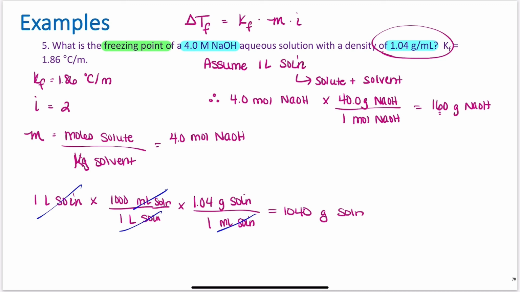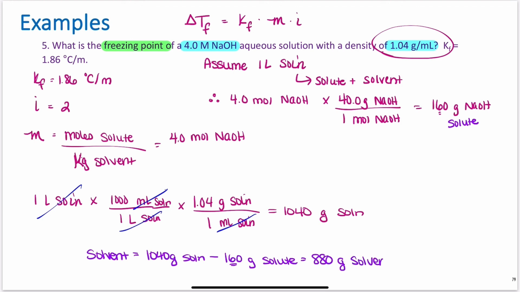I now know that my solute weighs 160 grams. My solution weighs 1040. So my solvent is equal to 1040 grams of solution minus 160 grams of solute. This answer gives me 880 grams of solvent. My sig figs are here at the tens place because of the 160 grams of solute, where my sig figs are.